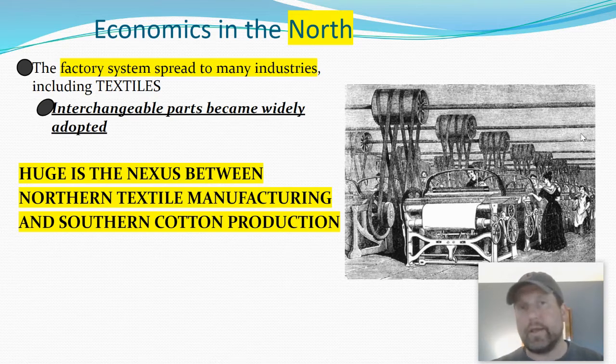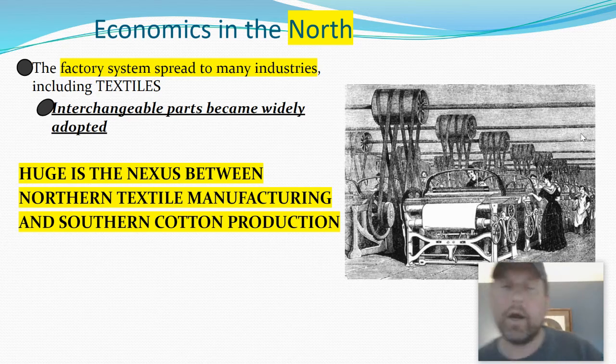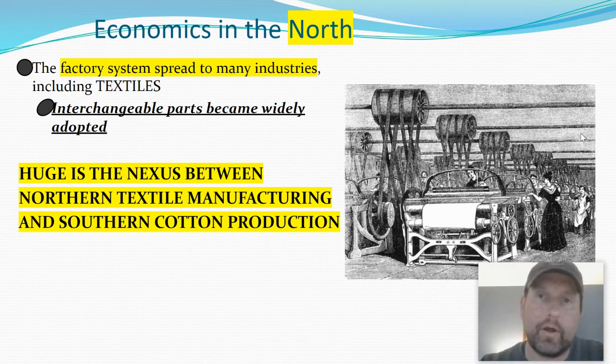There is an increasing diversity in manufacturing in the North, but there's no question that textiles are king up north. And the factory system, as a result of the advent of interchangeable parts, allows northern textile manufacturing to really take off.